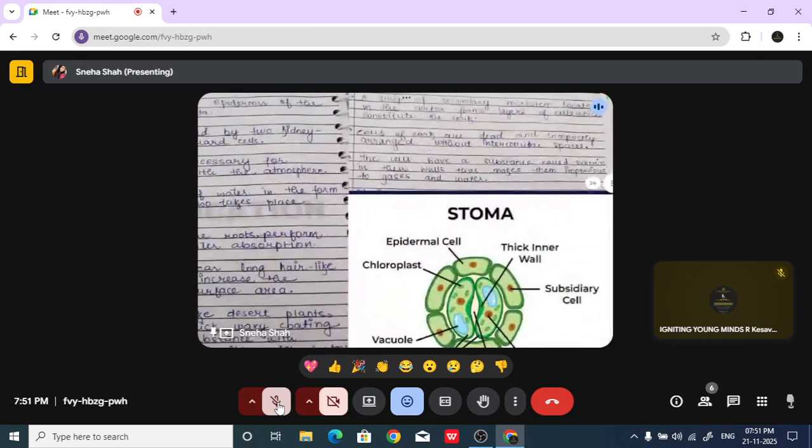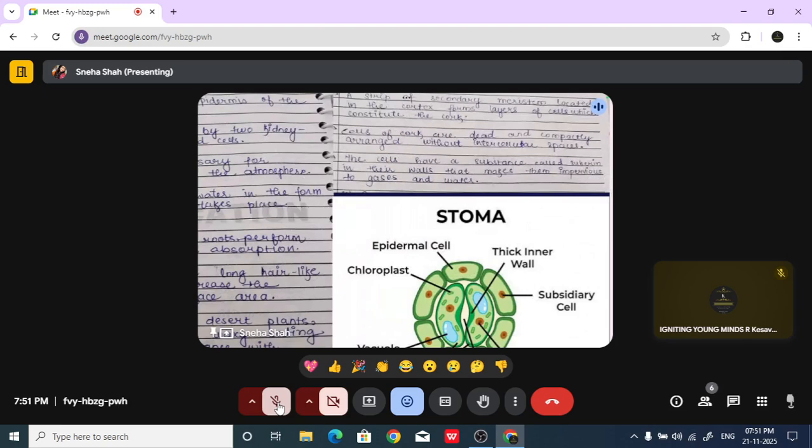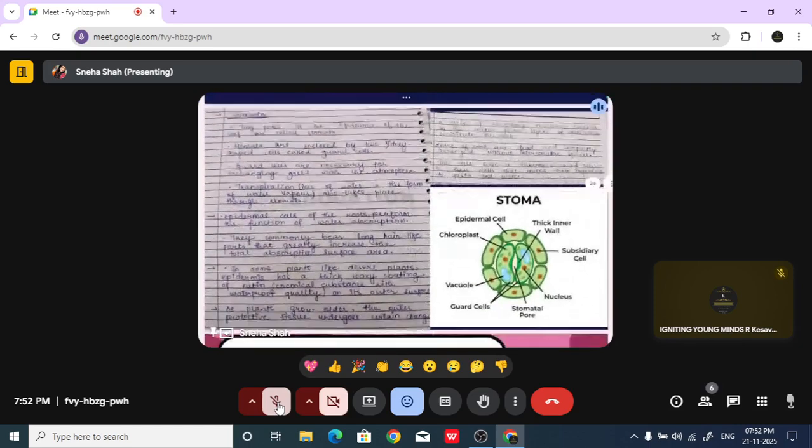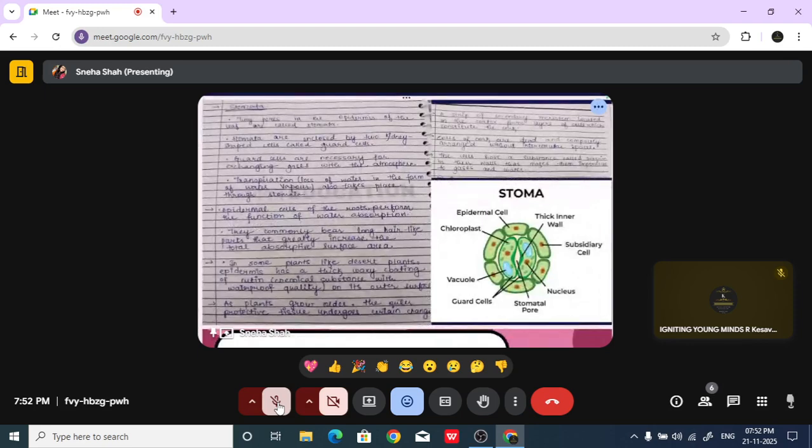Similarly, there is a substance called suberin with impervious qualities, which will not allow the entry of gases and water inside the plant cells. Clear? Yes, ma'am. Okay. So that's about stomata and the epidermal cells of other parts of plants.